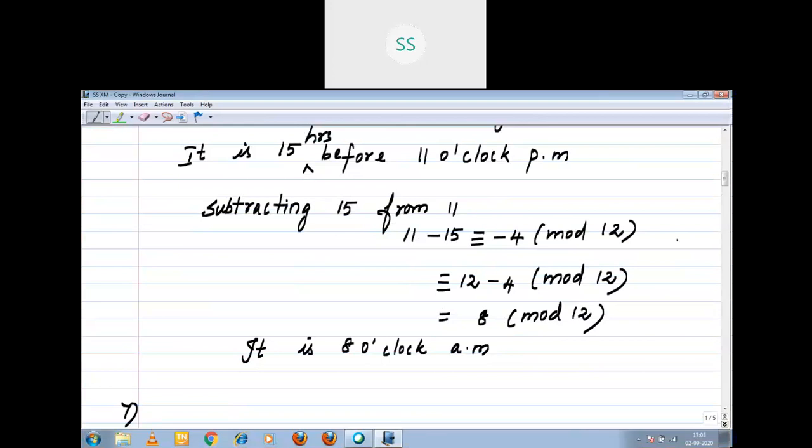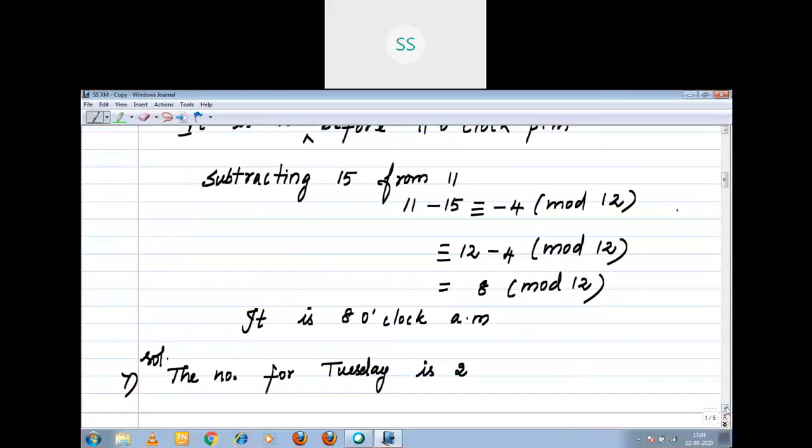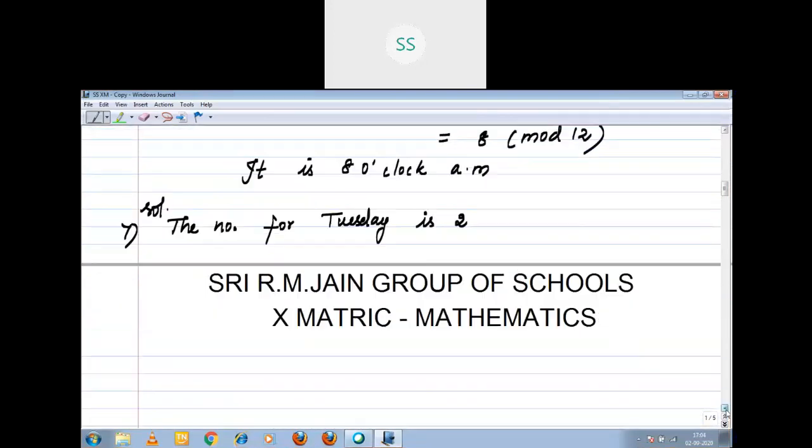See, the number for Tuesday: Monday is 1, Tuesday is 2, Friday is 5. Now, the number for Tuesday is 2.